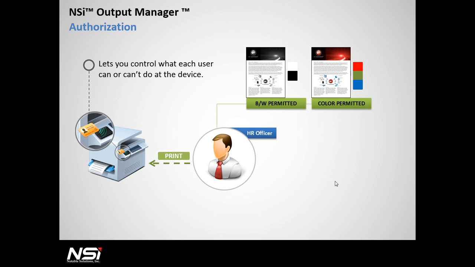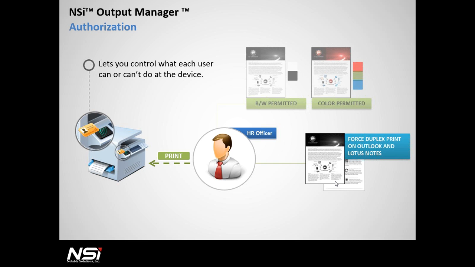When it comes to printing, we might allow this particular office user, here in this case from human resources, to print in mono, in black and white, and in color, but we can still control the costs by saying, if this print comes from email, either from Lotus Notes or Outlook, then we force it to be duplex and we force it to be mono.